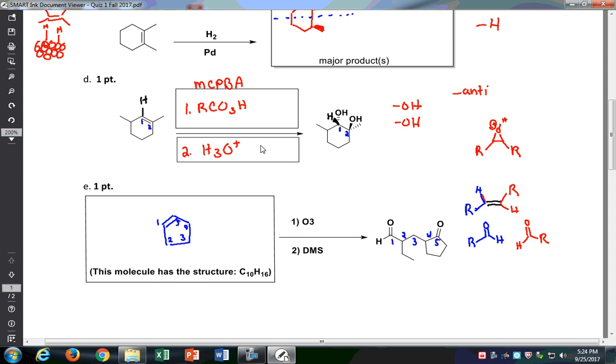On carbon 2, I have an ethyl group. So I'm just going to put an ethyl group on carbon 2. And then I have this 5-membered ring that's attached on carbon 4 and 5. So I'm just going to draw that because I didn't do anything with that.